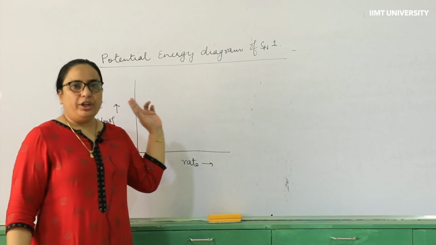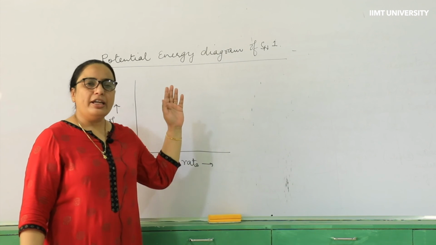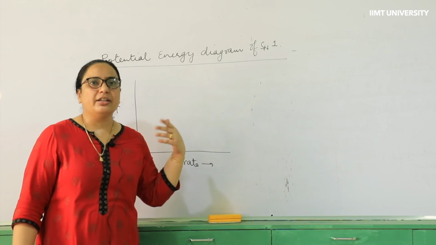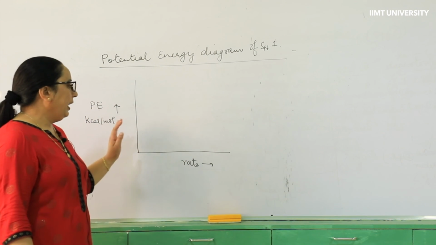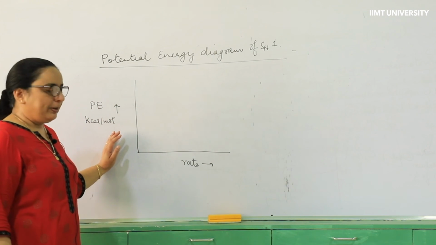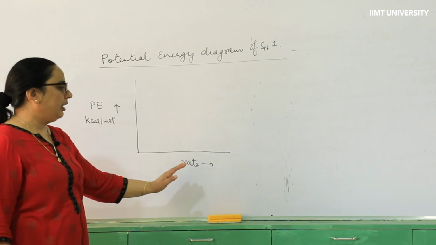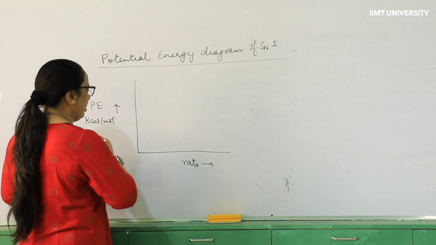Now, the next is the potential energy diagram of the SN1 reaction. It depicts the change in the potential energy as the reaction proceeds, and it can be explained by plotting a graph between the potential energy and the progress of the SN1 reaction.